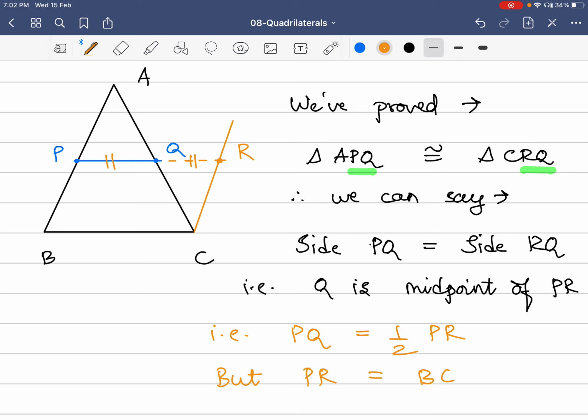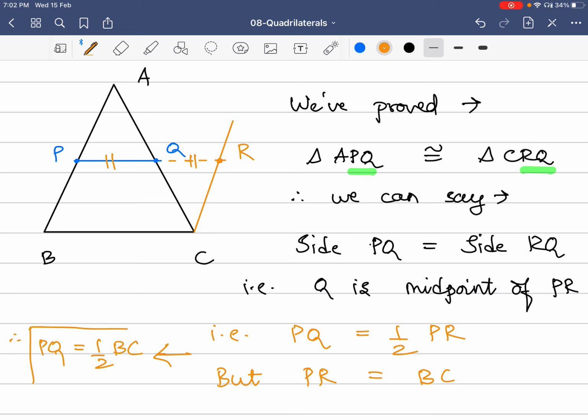Why is PR equal to BC? Because this whole thing is a parallelogram, and opposite sides of a parallelogram are equal to each other. This is an important property of a parallelogram. So PR is equal to BC. So I can substitute this value BC instead of PR, and therefore PQ is going to be equal to half of BC.